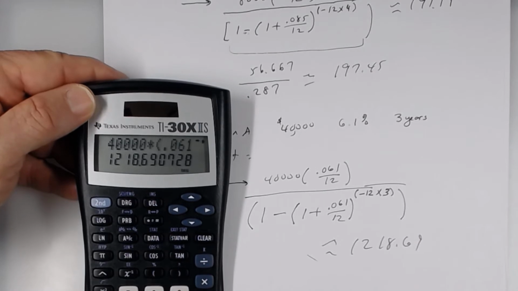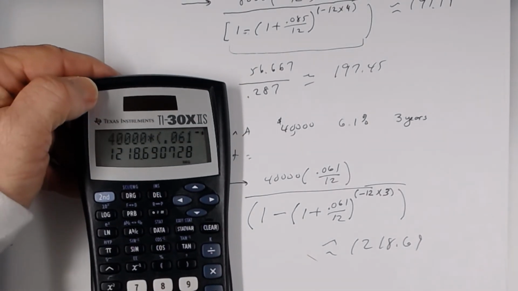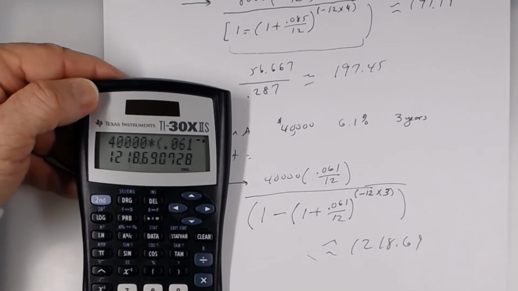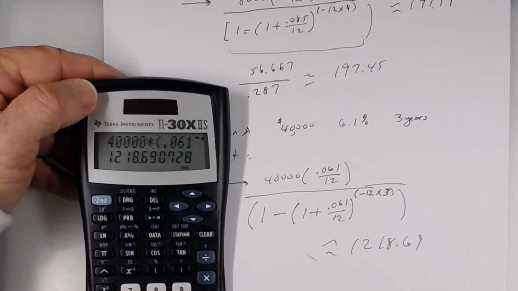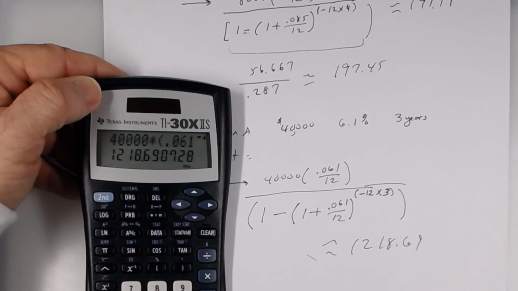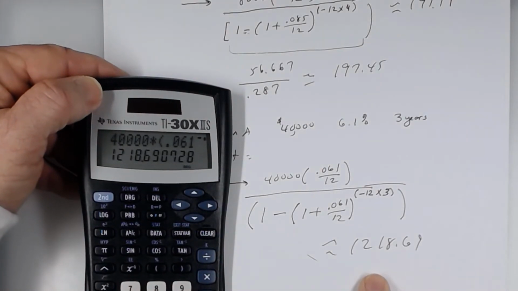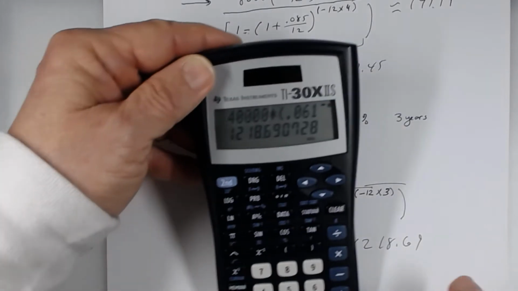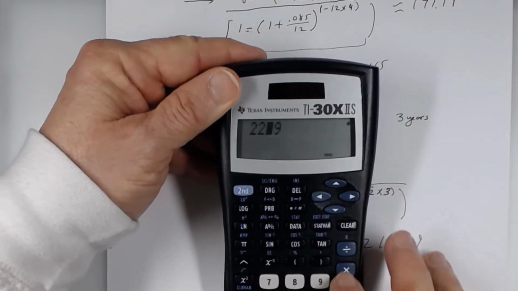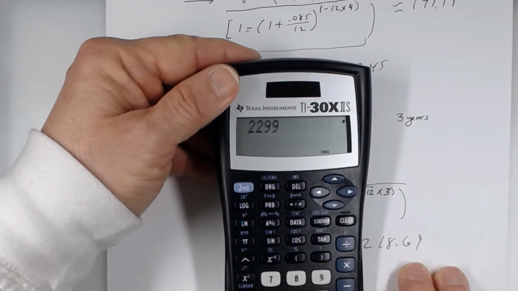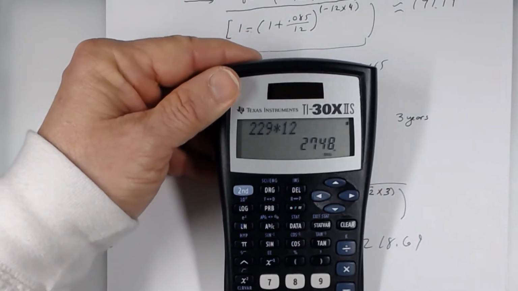Now, some of you, when you did it, you got something like $229. And I asked you, does that seem reasonable? And you can always check. Remember, that's your monthly payment, right? So let's suppose you said $229. How many months in a year? 12. So you say times 12. So that's how much you would pay in 1 year.